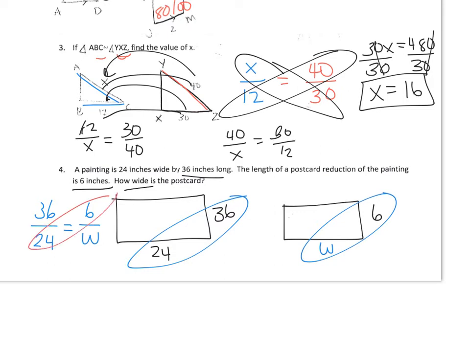So I'm going to use the cross product. 6 times 24, so 144 equals 36W. And so you do 144 divided by 36, and W equals 4. And then I want to use inches. Make sure you answer in units. 4 inches. So again, there's a bunch of different ways I could have set up that proportion too.